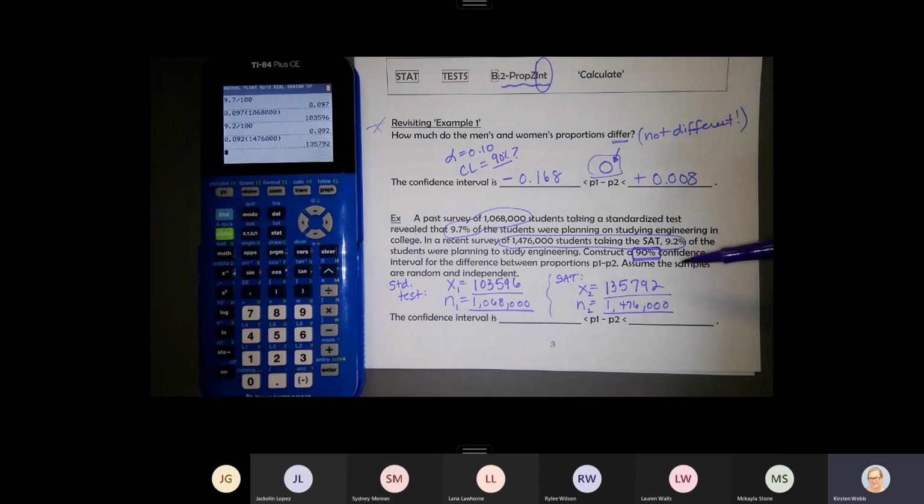So along with the confidence level that they gave us, we should then have all the numbers we need.